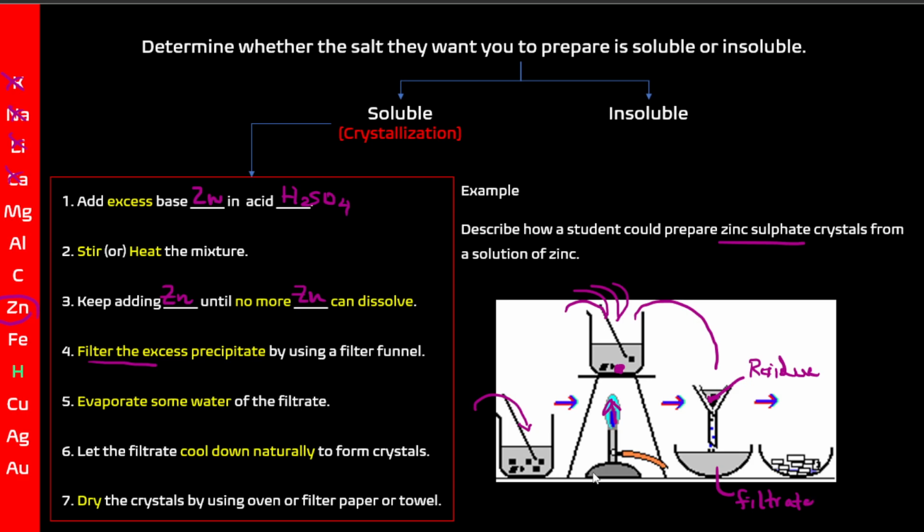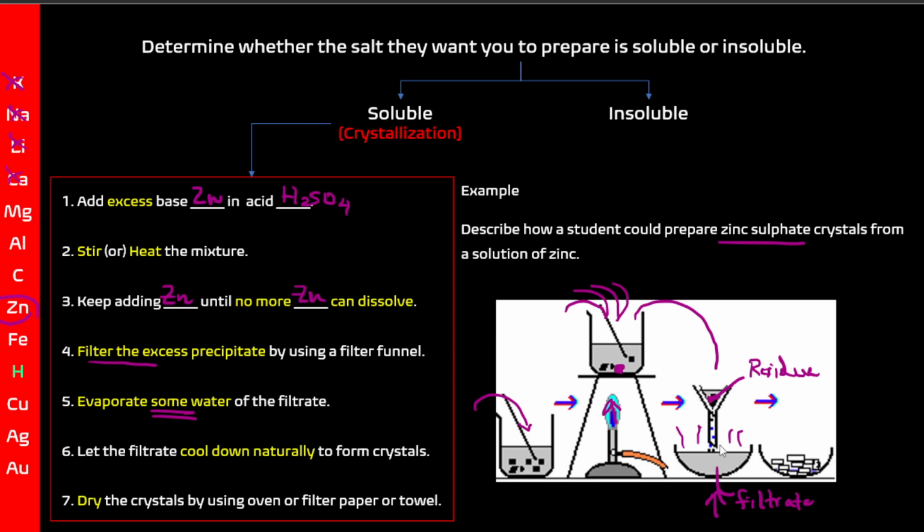Afterwards, when you have this filtrate, you're going to heat it up to evaporate some water. Notice here that I wrote some water. Why some water and not all of it is because if we evaporate all the water, we will only have powder, but we want crystals, okay?